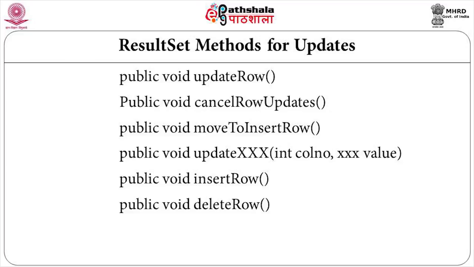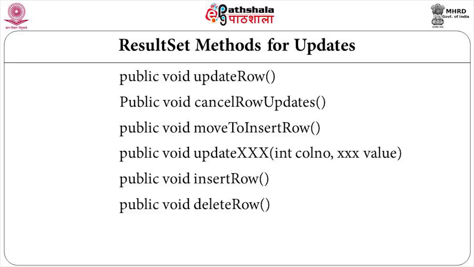Next, if I want to make some updates in a specific row in the result set, what you do is move to that row. Once you move to that row, you get a buffer in which the values for all the columns of that row are available. Now if you want to make any changes, you first use another set of methods, because each column may have a different type of value, so you get different kinds of methods.